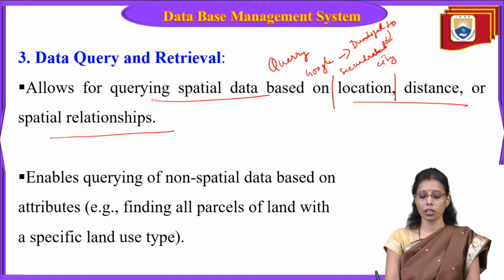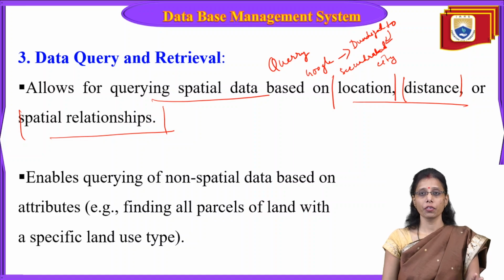You will get the location, the distance, and the spatial relationships. You will get all this information once you do a query in Google or any system. If it has a database with the system, it will give you the location immediately, the distance immediately, and the relationships between the spatial data.